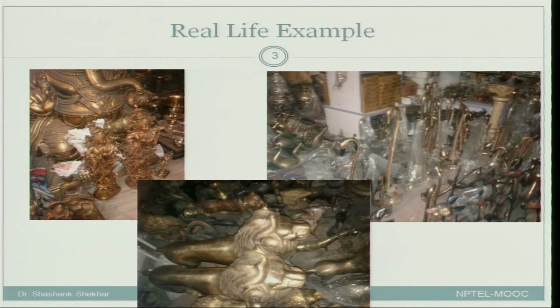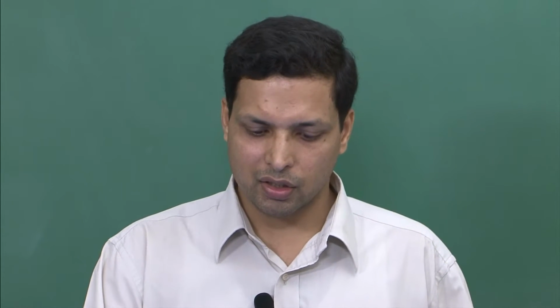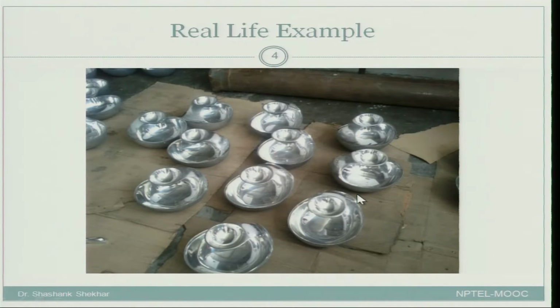Now slowly over the last several decades, the price of brass has gone up, and therefore people needed to do something. If they understand the processing very well, then they can get higher fluidity in other low cost materials, like what people have done over here. This is a very small scale, cottage scale industry that I visited, but it exports these kinds of things.